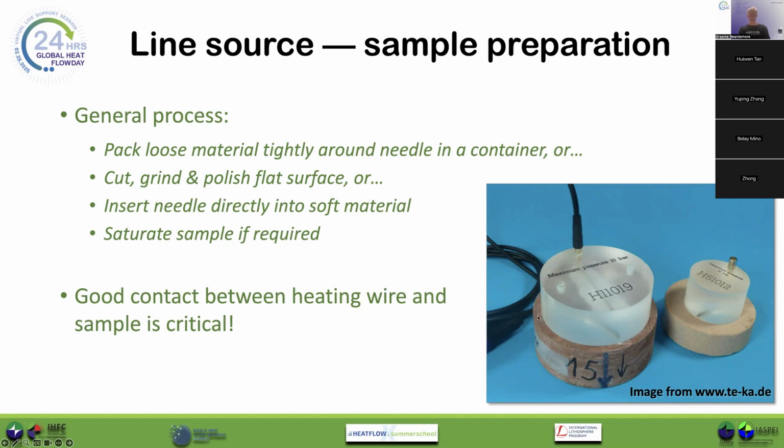You can also make measurements on solid samples, in which case you just need a single polished flat surface large enough to hold the sensor. If you have a needle and soft material, you can press the needle directly into the soft material, so very little sample preparation is really needed, other than holding your soft material in some sort of container that allows you to press a needle into it.